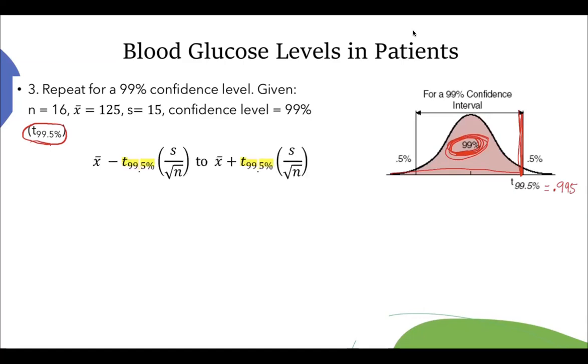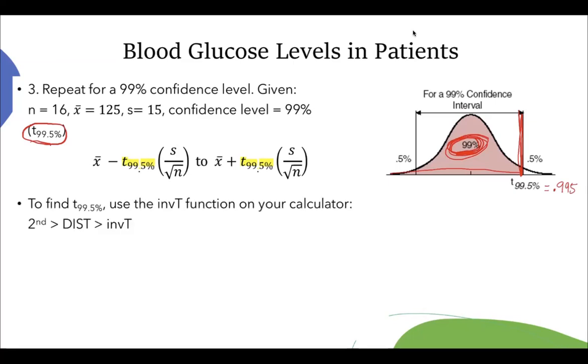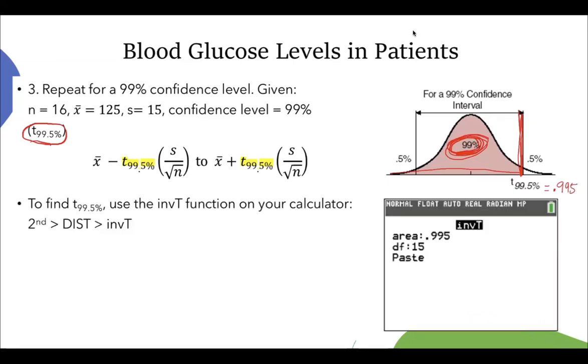So let's go to inverse t, the same as before, and we're going to put in 0.995 for that area. We're going to put in the same df as before, 1 less than your sample size. 16 is your sample size, so the df is 1 less than that, 15.